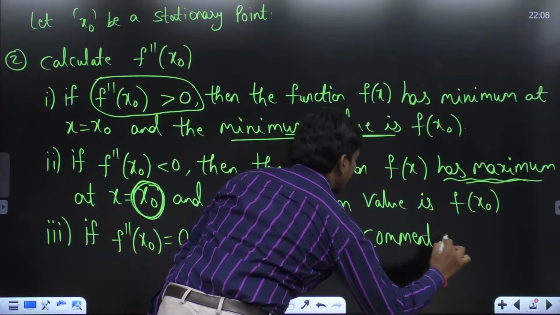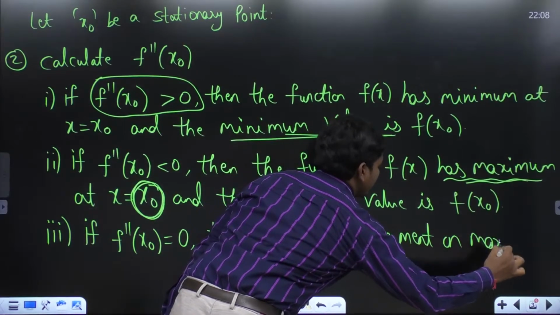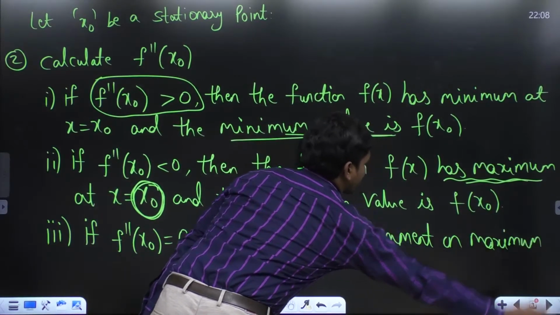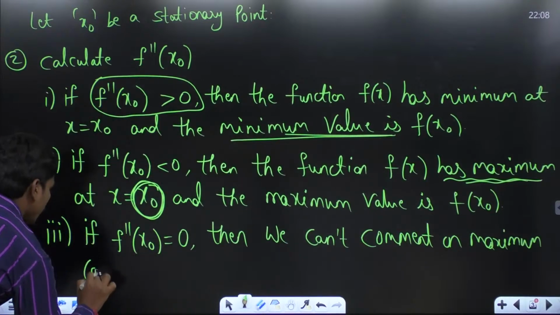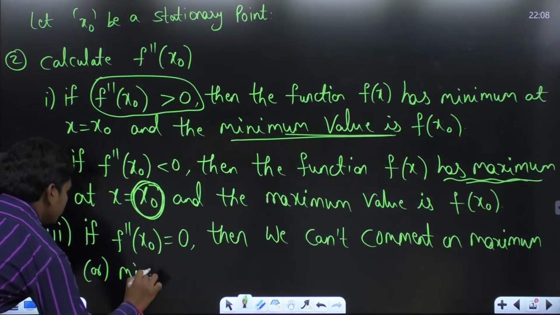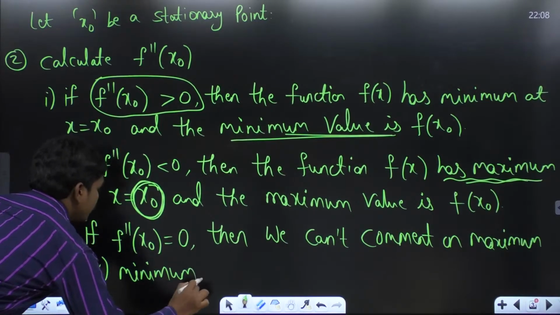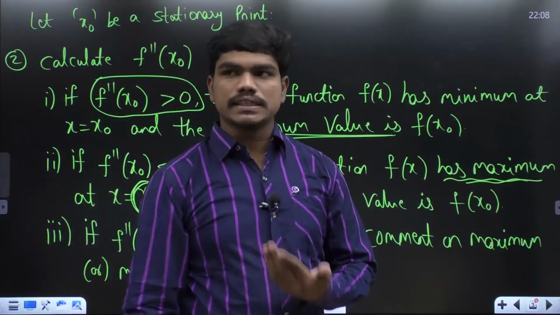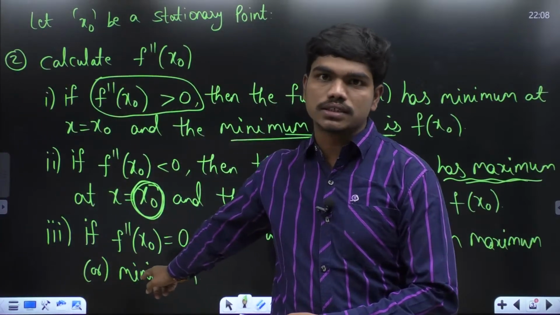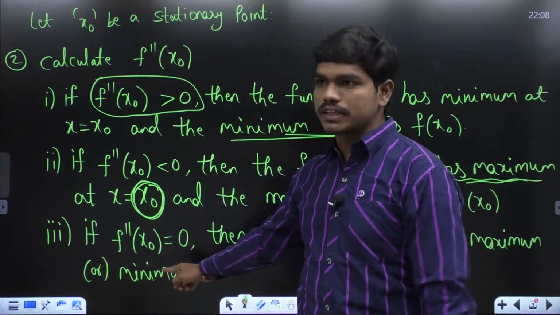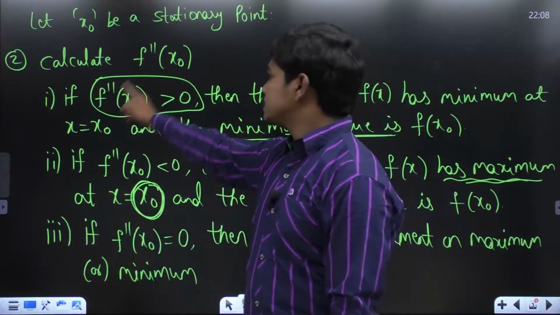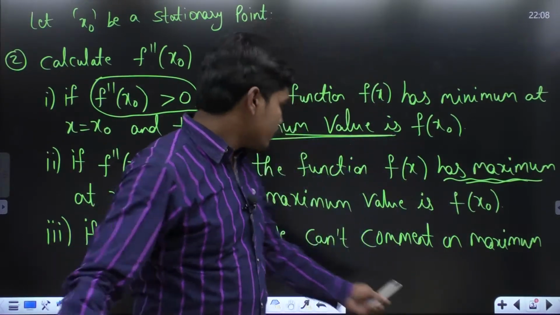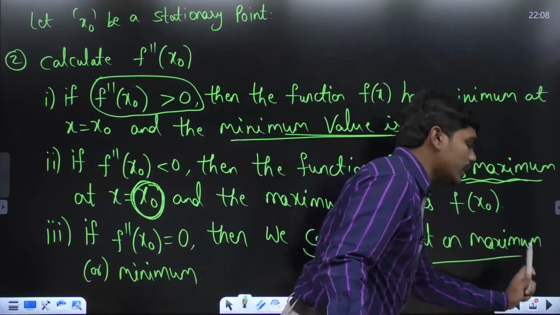Whenever such cases arise, you need to have knowledge of graphs or some other analysis for the functions, and you should be in a position to answer this. Because when this f double dash of x naught is equal to 0, you say that this second derivative test is failing because we can't comment anything on the extremum of the function.